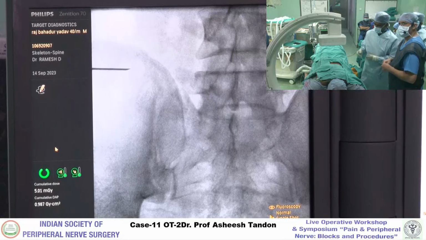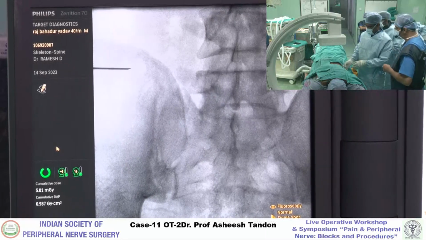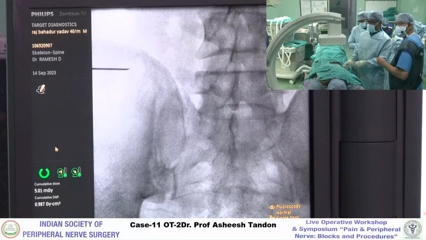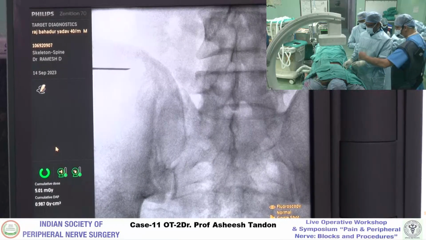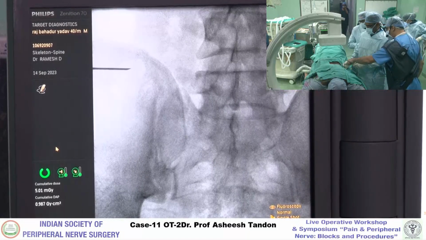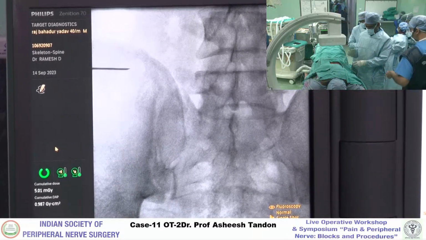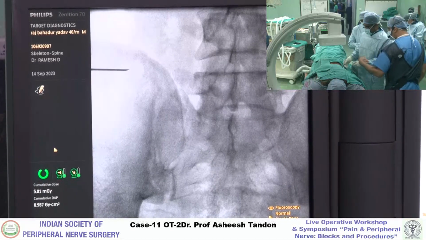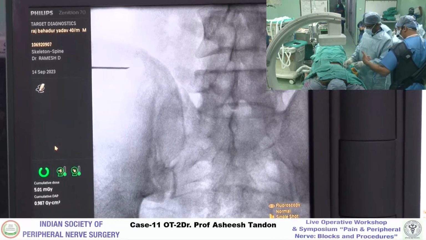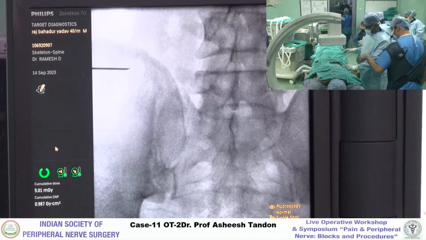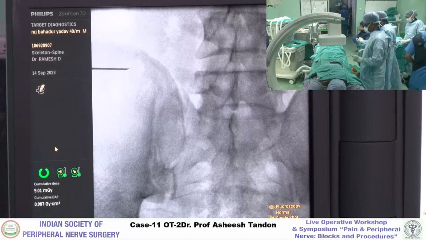Are you hitting the bone? Yes. So that means you'll have to come out, inject the local here, and then go like that. Same, yeah, come completely out, go above, yeah, local.